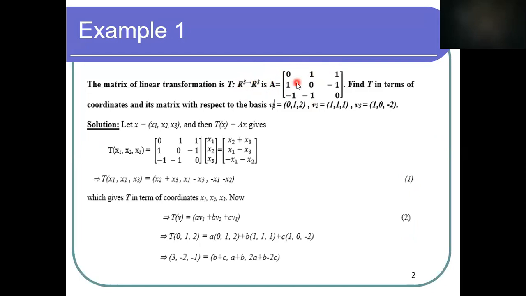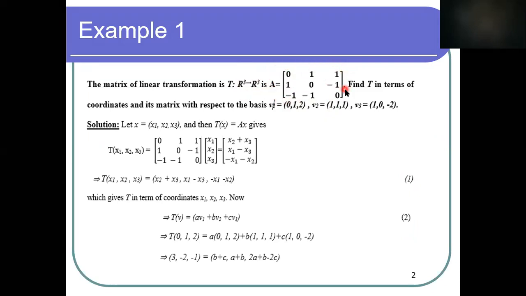In that case, the matrix of transformation is of order 3 by 3. Find T in terms of coordinates and its matrix with respect to bases V1, V2, and V3. So we need to calculate the matrix with respect to these bases.